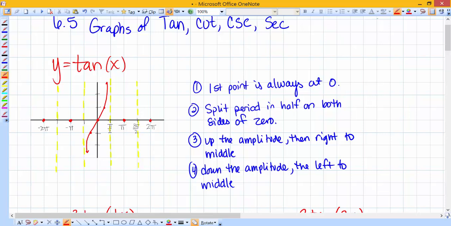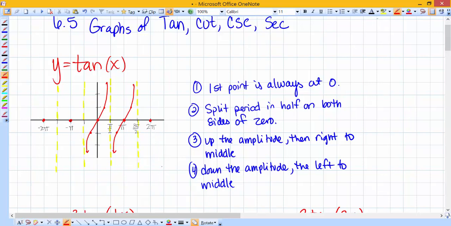If I continue to go through all the points on the unit circle, here I have 3 pi over 4, which is negative 1. 5 pi over 4, positive 1. Here's another one. Each set of these curves is one cycle.